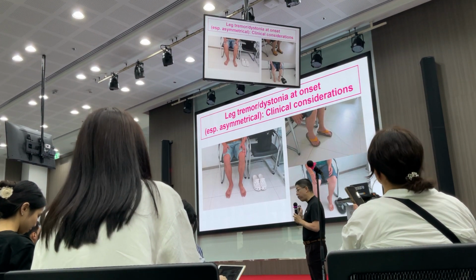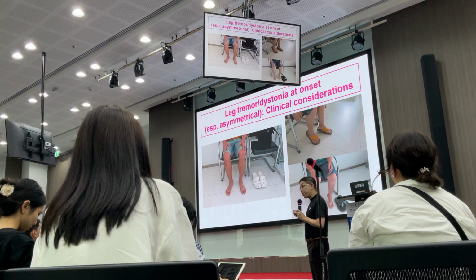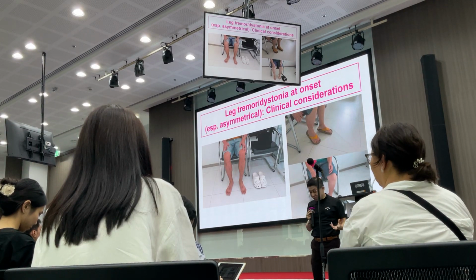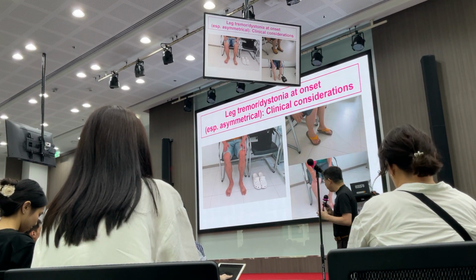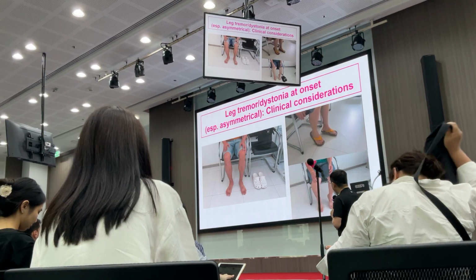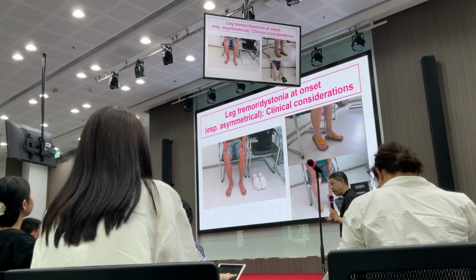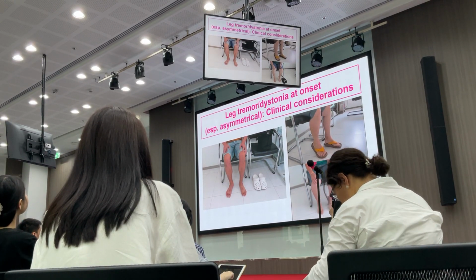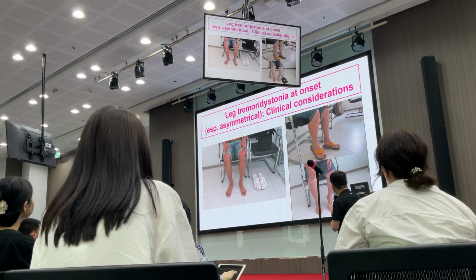And those with leg tremor: patients with Parkinson's tend to have tremor in the hands, but you can appreciate here that the tremor can occur in the legs, and this is the patient that I want to share with you.